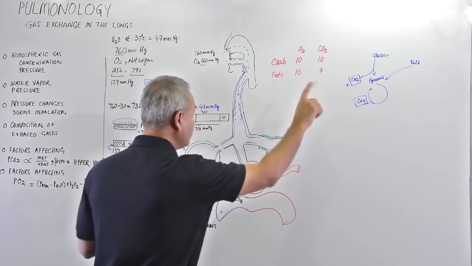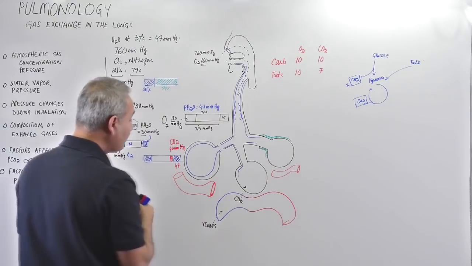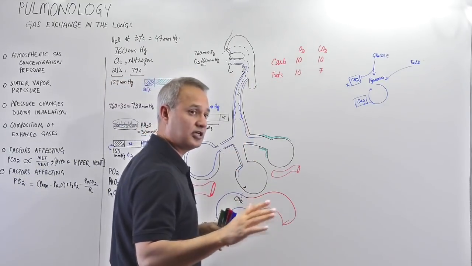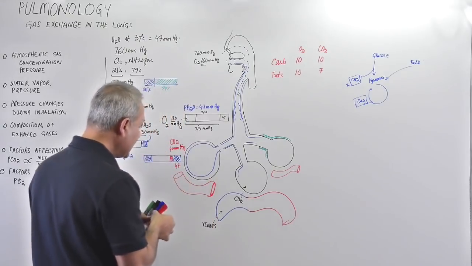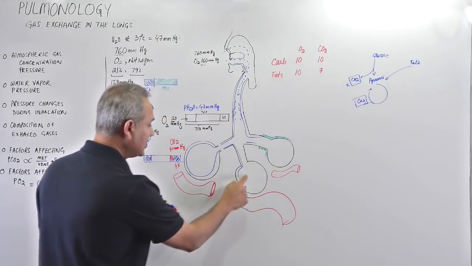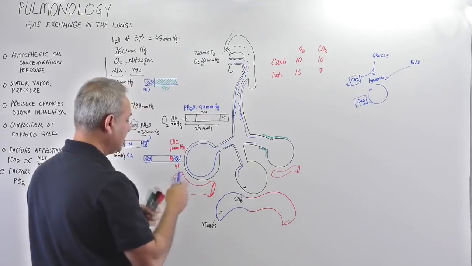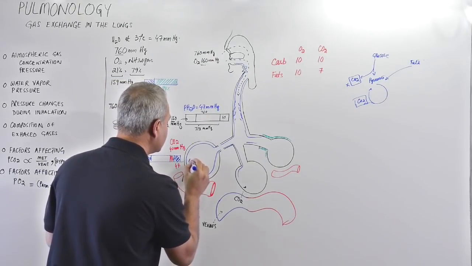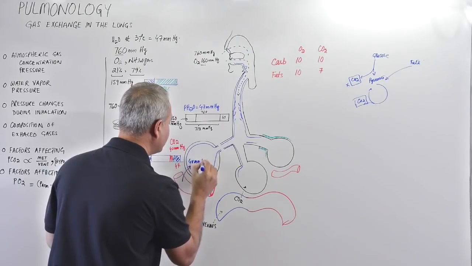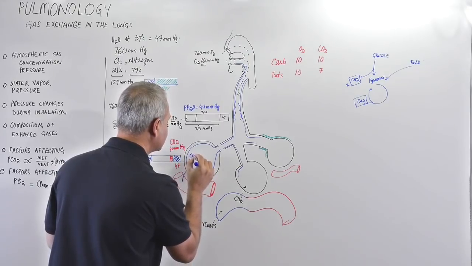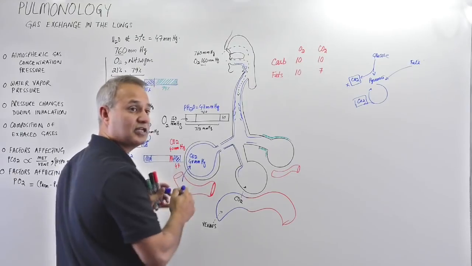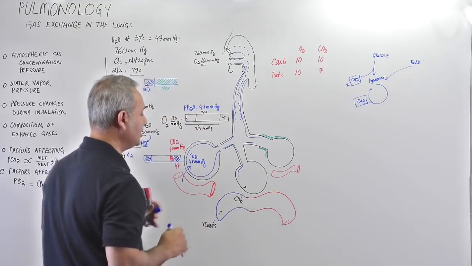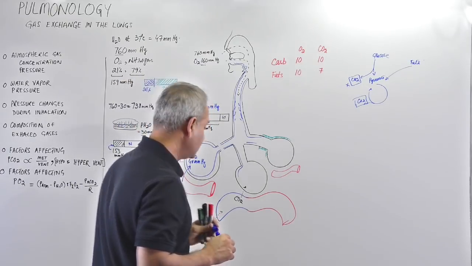Now come back here with this concept. If I am eating carbs all the time and my venous blood brought back, let's say, 40 millimeters of mercury carbon dioxide pressure. It brought enough carbon dioxide concentration back that it created 40 millimeters of mercury pressure.